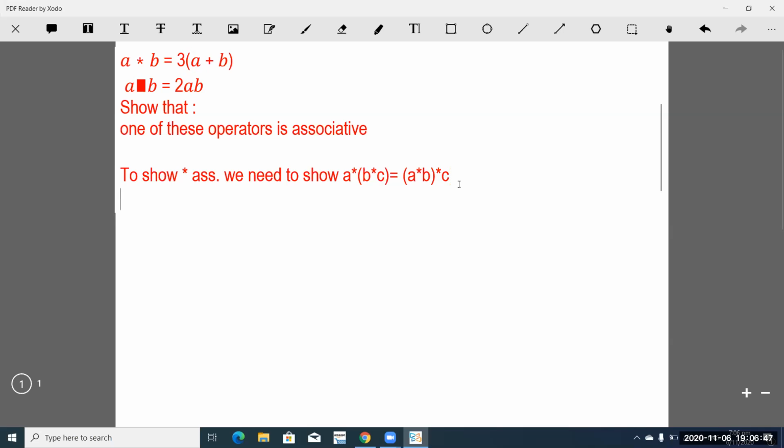So let's see if we can prove that now. To show that star is associative, we need to show that this equation is true. Let's start with the left-hand side. We start by saying our left-hand side is equal to A star B star C. What's A star B?